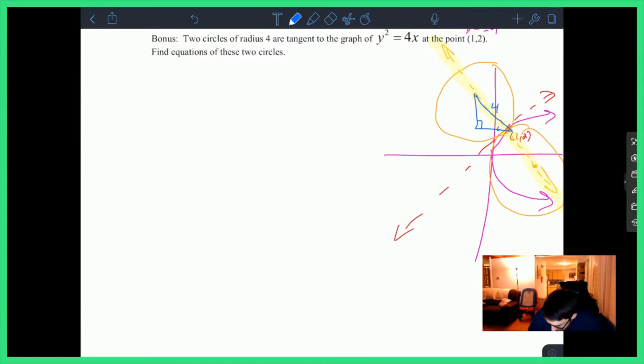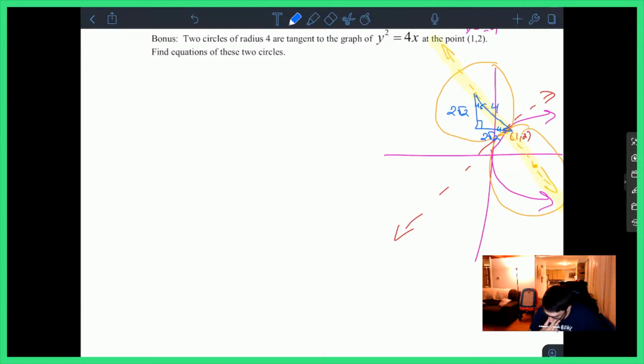So this is a 45-degree angle, and this is a 45-degree angle. And so then each side, using special right triangles, is 2 root 2 and 2 root 2. So it's just a division by radical 2. Take the hypotenuse 4 and divide it by radical 2, and that gives you the legs 2 rad 2.